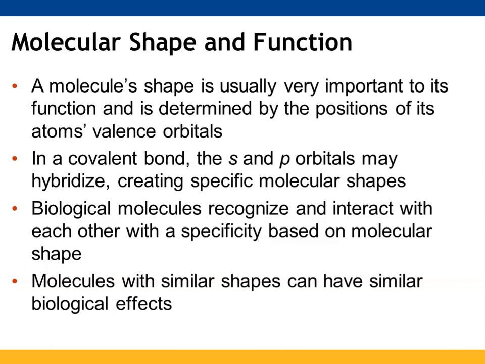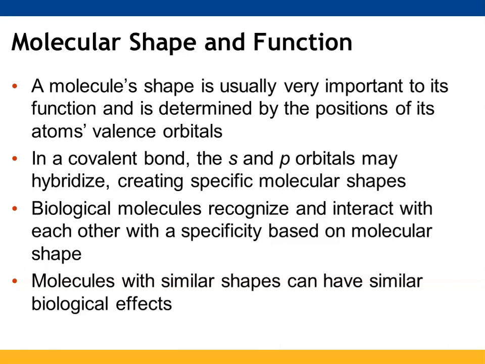We see with covalent bonds that the s and the p orbitals in that outermost valence shell, where you're going to find those electrons, can create 2 areas of electrons around the central atom. It can create 3 areas of electrons around the central atom, and it can create 4.